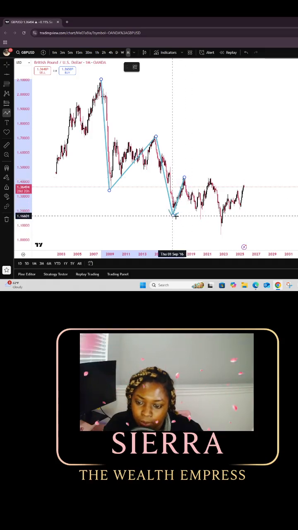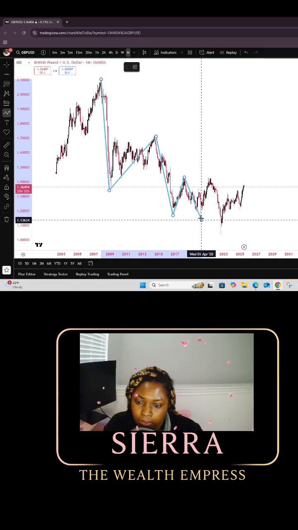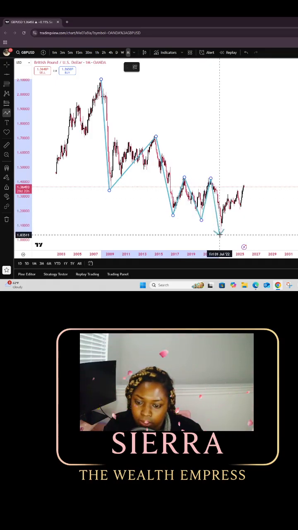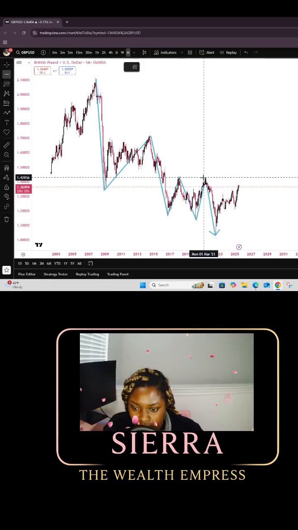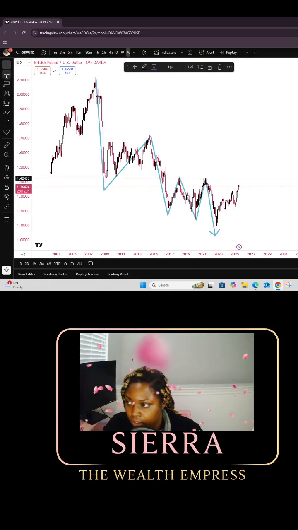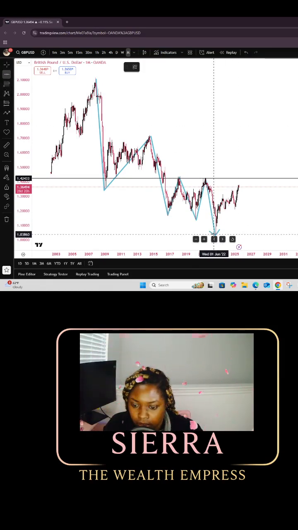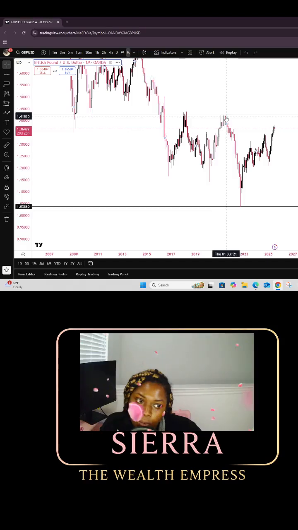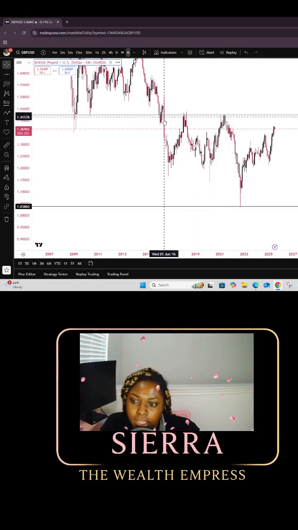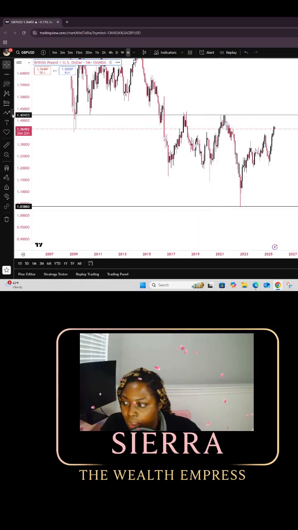And then price broke that area, and then here, and then here, okay? So my last two structure points is this area and this area, okay? Where my last structure points was, I see that I have a fair value gap here. So I want to mark this fair value gap up.